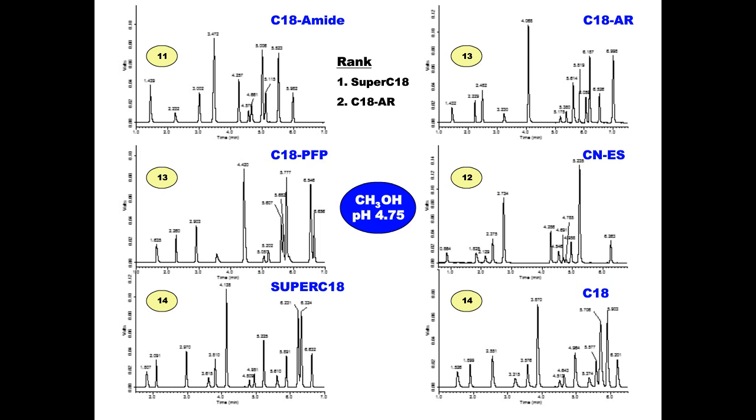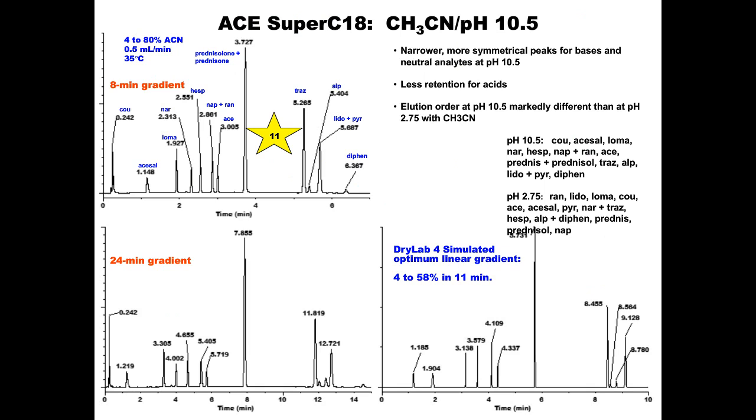And this last slide is runs with the Super C18 with ammonium hydroxide at 10.5 pH, and I'm showing an 8-minute gradient and a 24-minute gradient here. 11 components separated under these conditions. When you use those inputs for dry lab, you end up with an 11-minute separation from 4 to 58%.